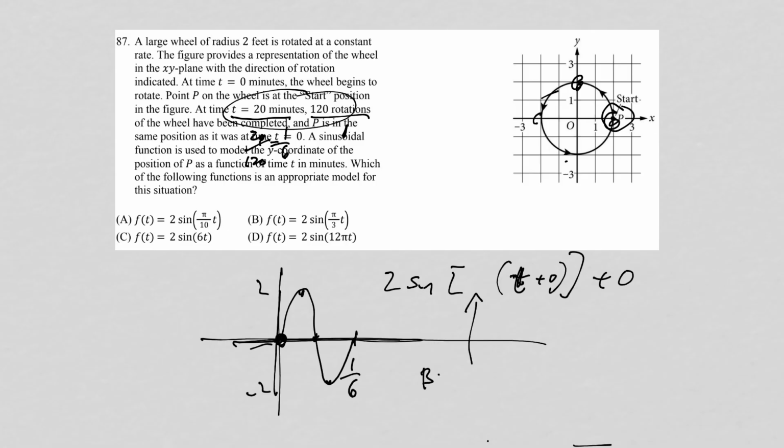Well, the rule is that b is 2 pi over the period, and the period is 1/6. So 2 pi over 1/6 is 12 pi. And that is why the answer was choice D. So a little confusing about the 20 minutes and 120 rotations. They just wanted to make it annoying. That was their fancy way of saying that one rotation takes 1/6 of a minute.